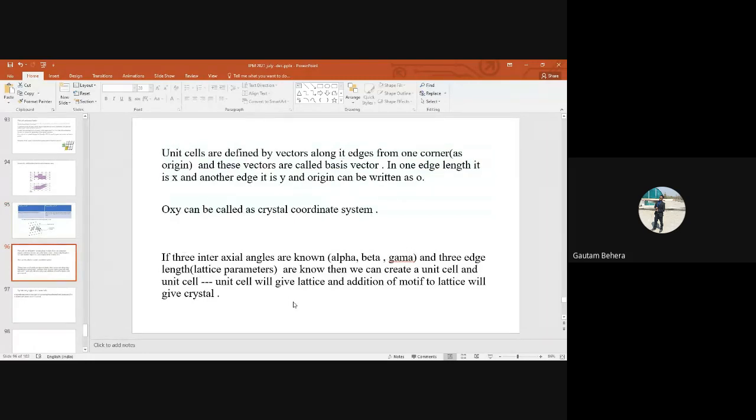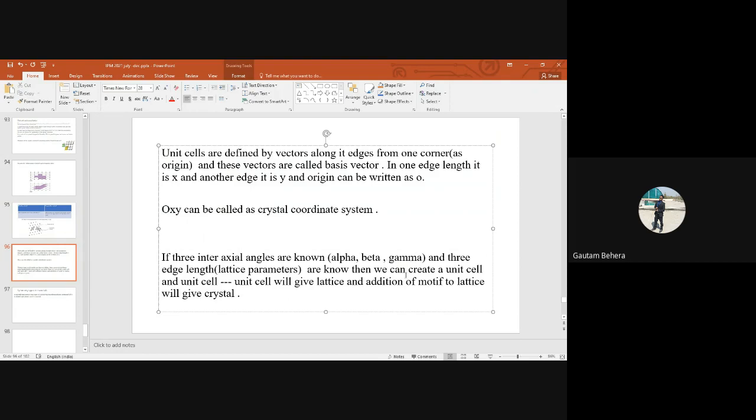Finally, this is interesting. If the 3 interaxial angles are known, alpha, beta, gamma. How many of you remember this alpha, beta, gamma? What is this alpha, beta, gamma in a particular unit cell or crystal structure?